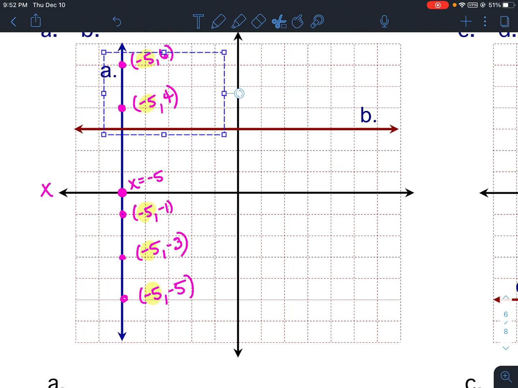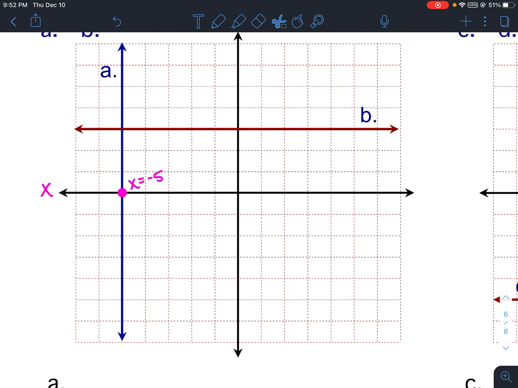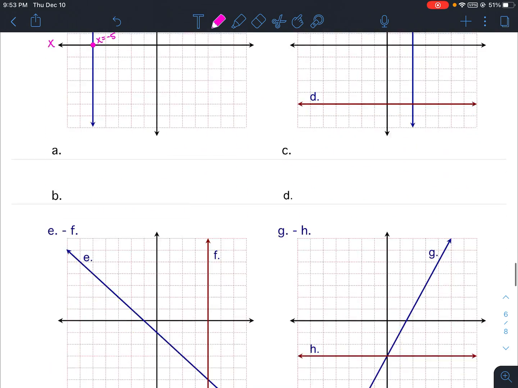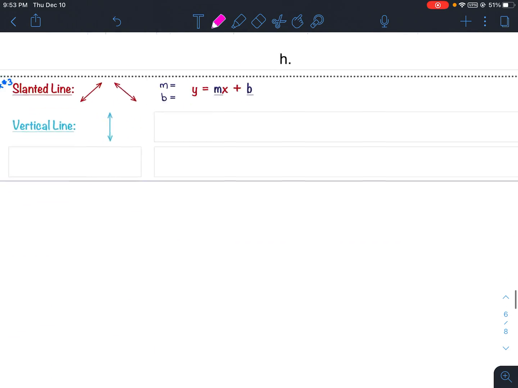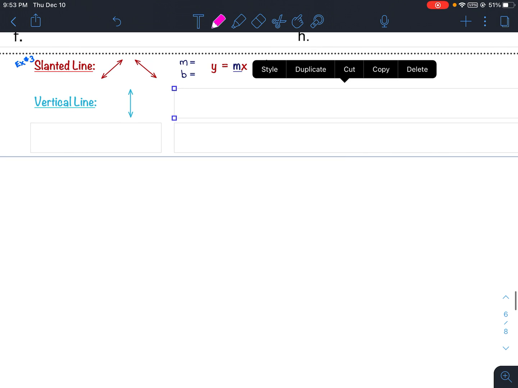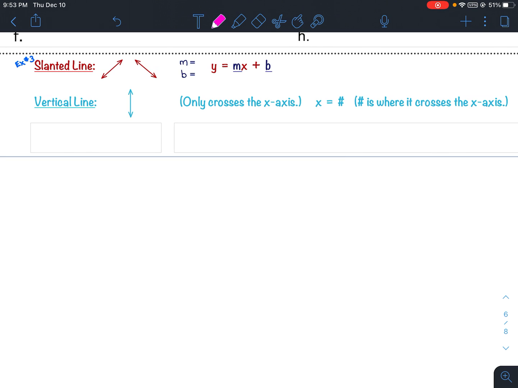So for vertical lines, the only thing you have to do is find where it crosses the x-axis, which is what I did right here. For vertical lines, you only have to worry about the point where it crosses the x-axis. So if we go back down to the bottom, vertical lines only cross the x-axis.